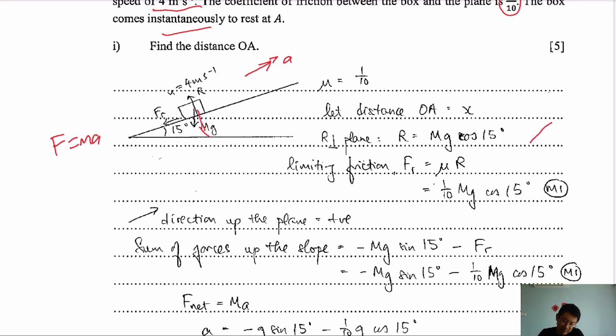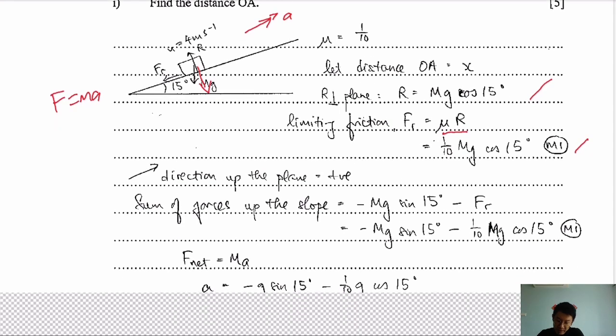The reaction force R is the same as mg cos 15, where we resolve the mg in the opposite direction of R. So this is our R, and this helps us find the frictional force. The frictional force is given by mu R. Finding this expression correctly, we will get 1 mark for the friction.